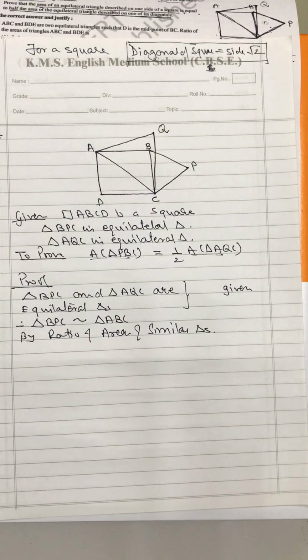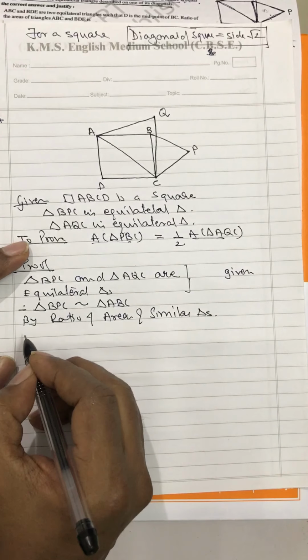Ratio of areas of triangles will be equal to b1 into h1 upon b2 into h2, means half into base into height of first triangle upon half into base into height of the second triangle. Otherwise, you will have to see whether they are similar triangles. Then the scene will change. It will be equal to side 1 square upon corresponding side 2 square. So here we will be using the same.